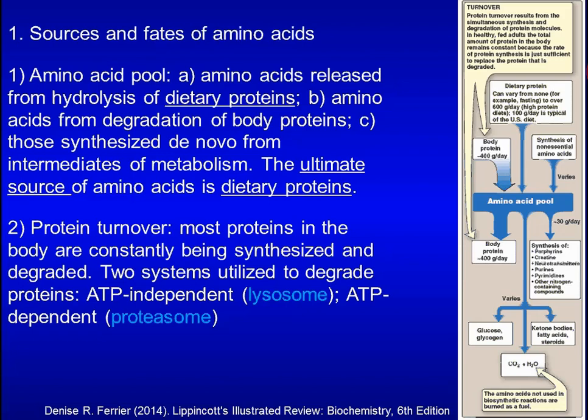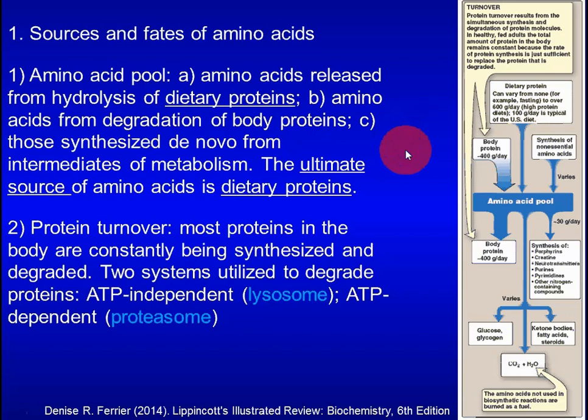The amino acid pool is supplied by 3 sources. First one is from hydrolysis of dietary proteins. Second one is from degradation of body proteins. Third one are synthesized de novo from intermediates of metabolism. The ultimate source of amino acids is from dietary proteins.